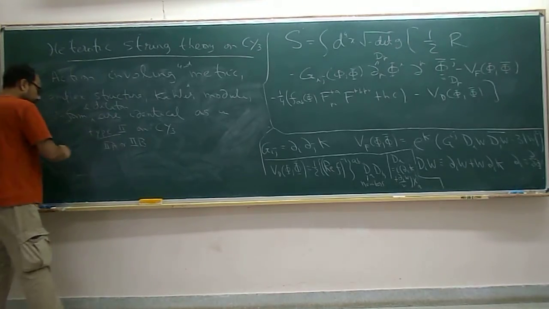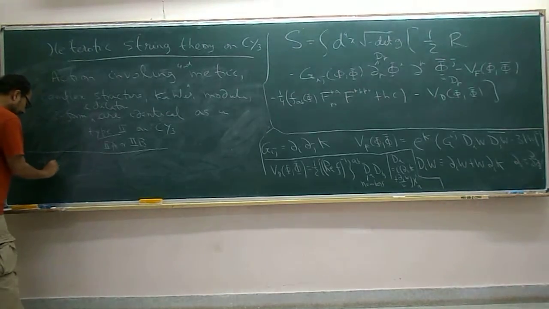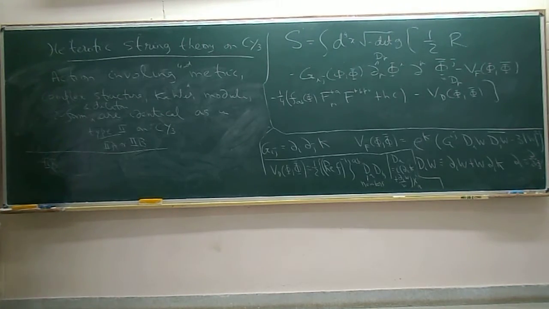Now let's recall that when we have 2B, then the complex structure moduli of 2B are the vector multiplet scalars. They don't mix with anything else, right? Vector multiplet scalars are all coming from complex structure moduli.